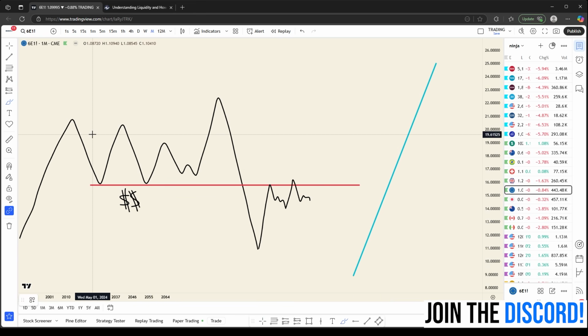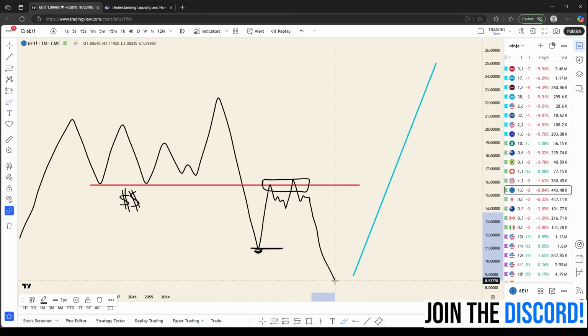However, for whatever reason, this sweep of liquidity was not enough, because they can't even push the market back above the lows that you swept. So, in this particular case, you have to be very, very careful and maybe assume that the market might want to sweep again and run lower into those lows before finally coming up.